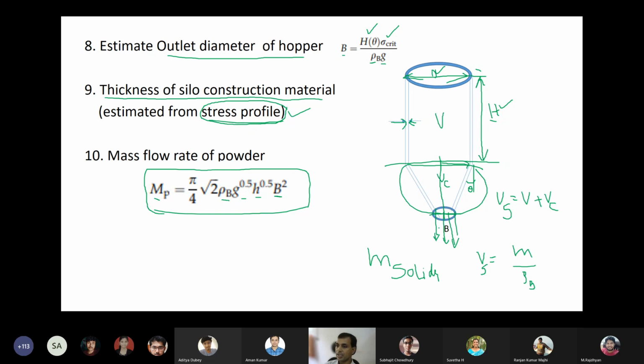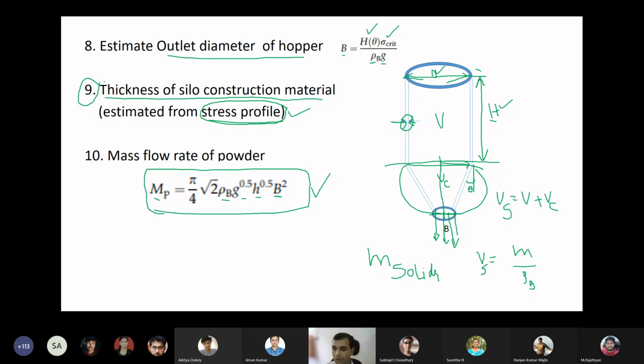Then I've explained various stresses, various conditions, various factors we need to estimate. I have covered all. Finally, I come to this silo design. The silo has diameter, height, cone angle, and outlet diameter, and how much mass I can get, and what is the thickness of the silo material. We can also calculate that. That part I haven't covered. So part 9 will cover that probably after 10 minutes.